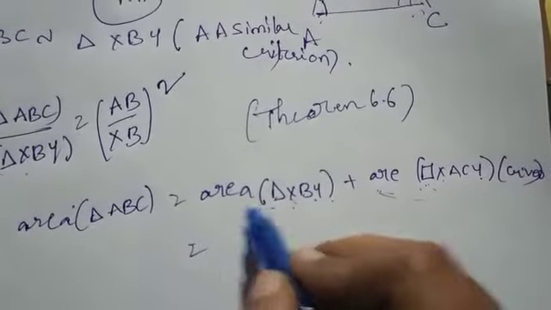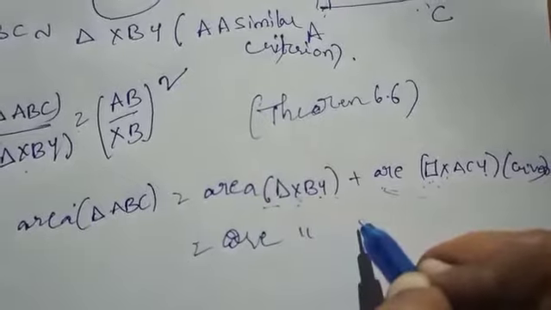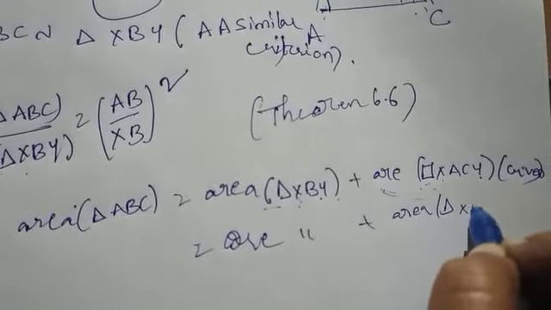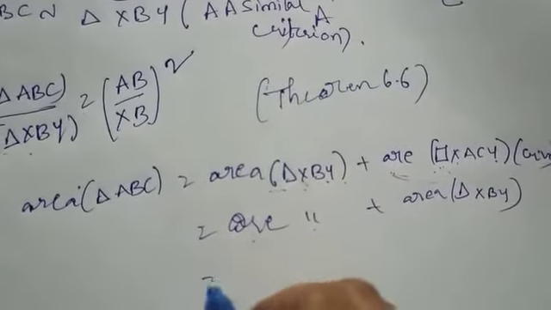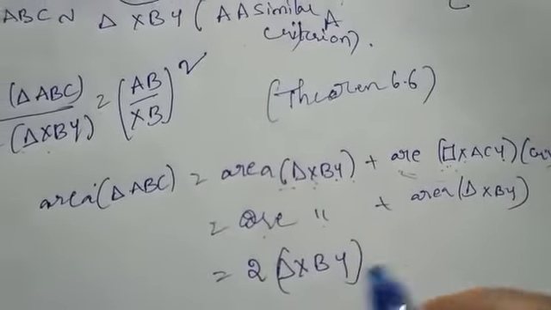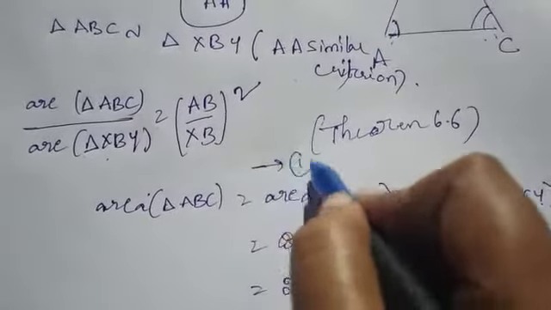So here we get area of triangle XBY plus area of triangle XBY, which is equal to 2 into area of triangle XBY. Okay. This is equation 1.